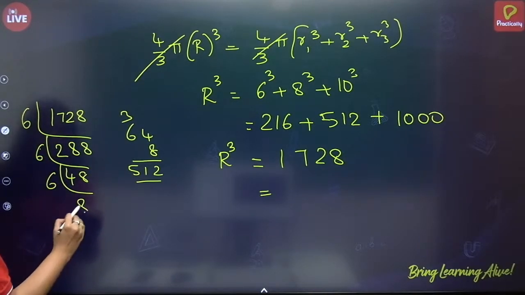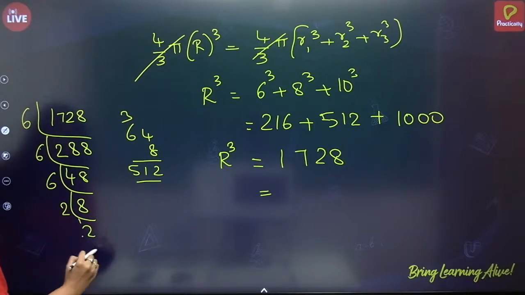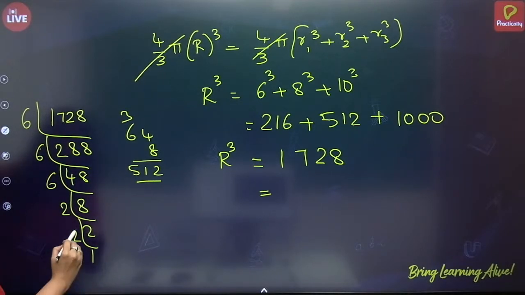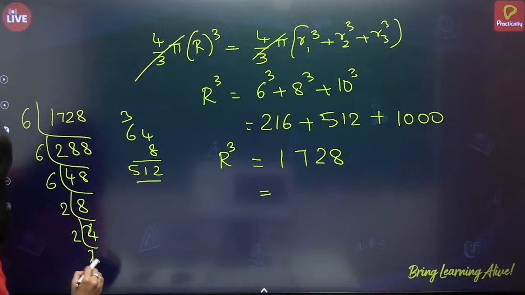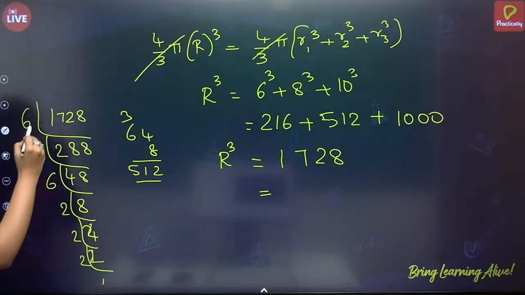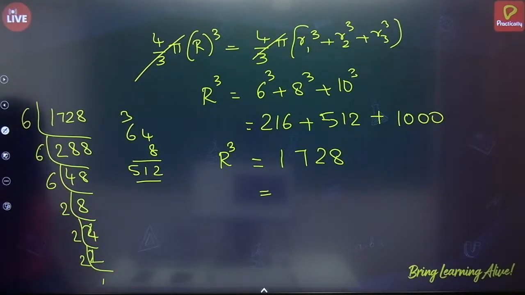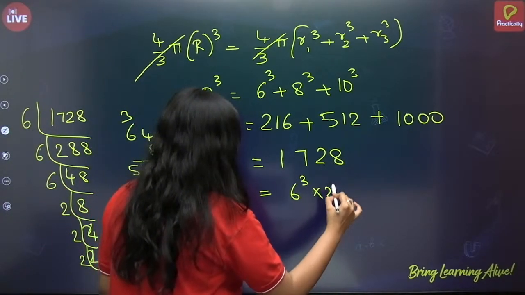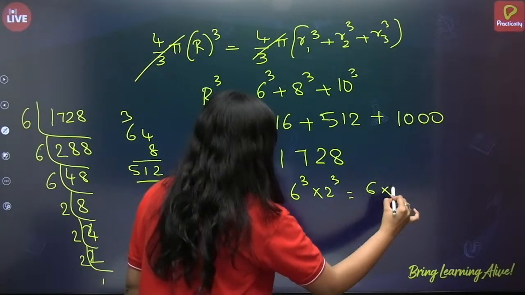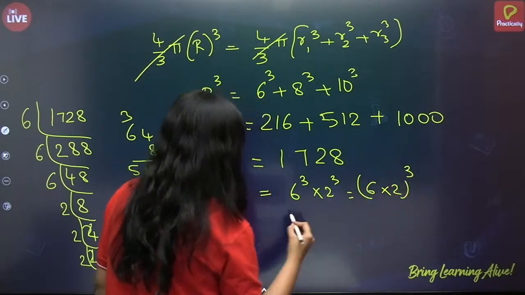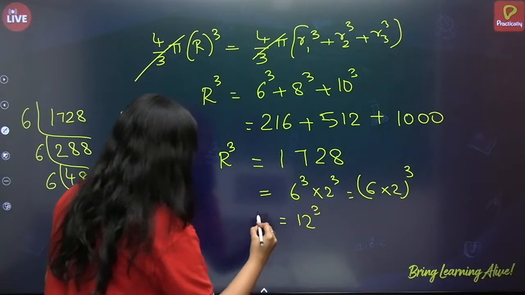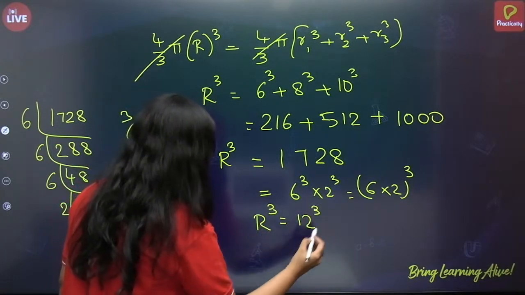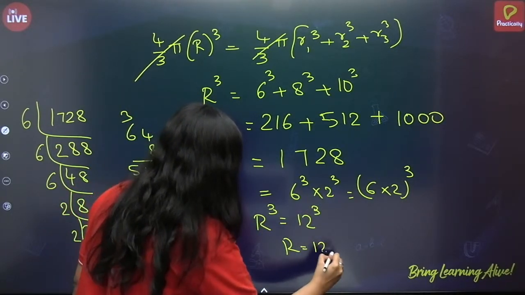So 6 into 6 into 6 into 2 into 2 into 2, right? So it is 6 cube into 2 cube, 6 into 2 whole cube, 12 cube. So when R cube is equal to 12 cube, R is equal to 12.